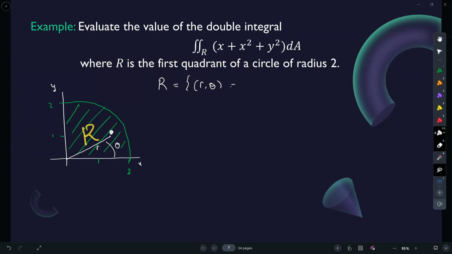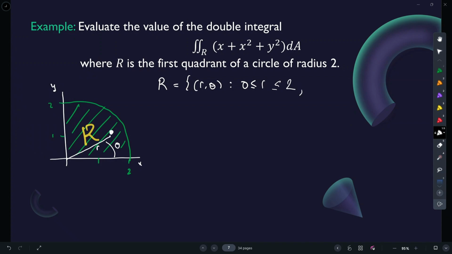The possibilities for the radius are what? It's anywhere between 0 and 2, right? Here I have 0, here I have 2, and if you draw a line in between, I run over all the possible radii. So r is between 0 and 2.